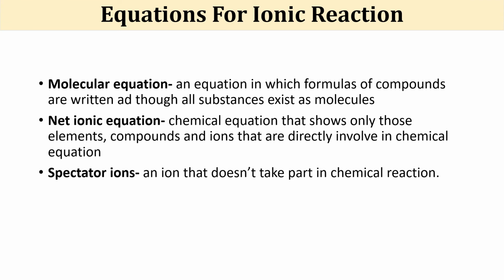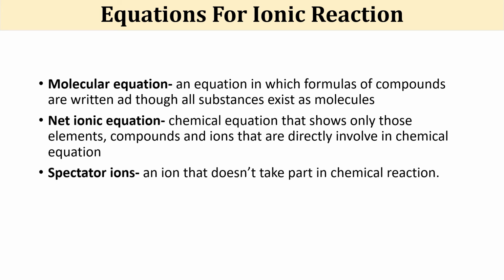Equations for ionic reactions. Before we start writing equations for ionic reactions, we need to understand 3 terms: molecular equation, net ionic equation, and spectator ions. What do you think is a molecular equation? It is an equation in which formulas of compounds are written as though all substances exist as molecules.